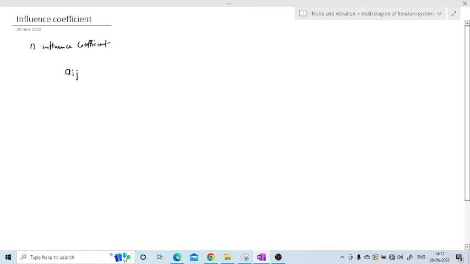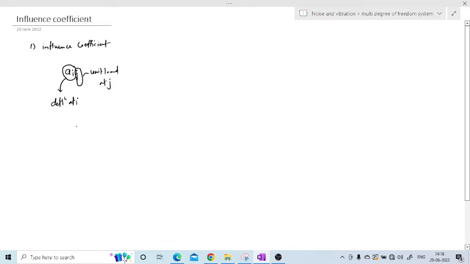Aij is nothing but the deflection at i due to unit load at j. Ai means deflection at i, and j means unit load at j, and it is represented by this Aij.